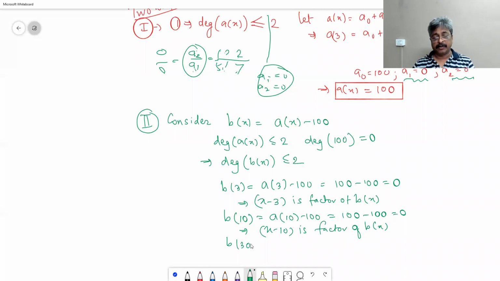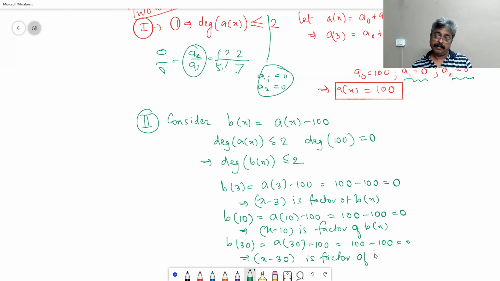B of 30 is equal to a of 30 minus 100, 100 minus 100 is equal to 0, implies x minus 30 is a factor of b of x. Oh, good.